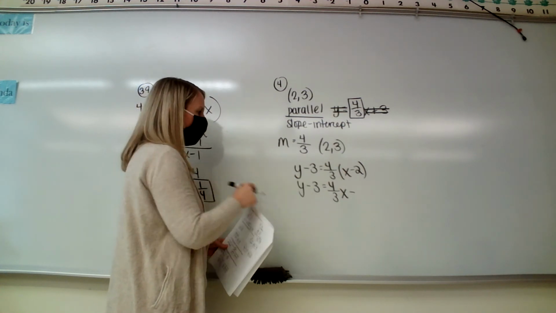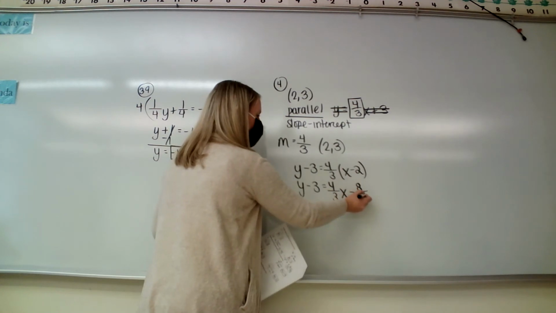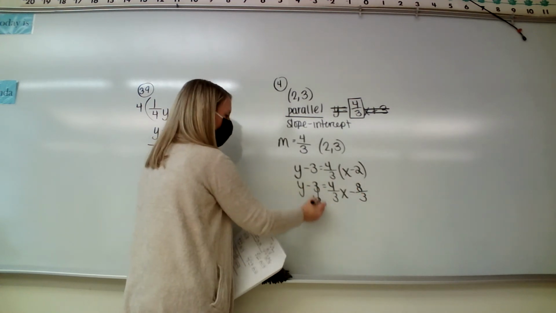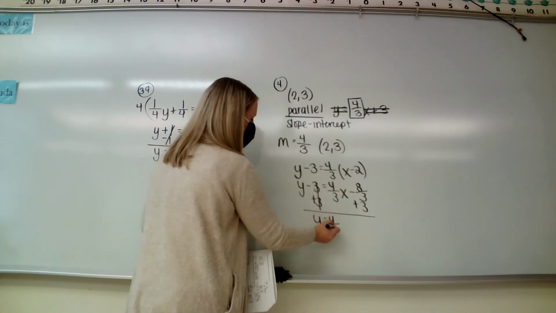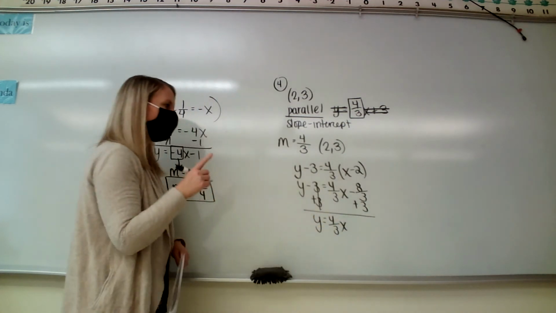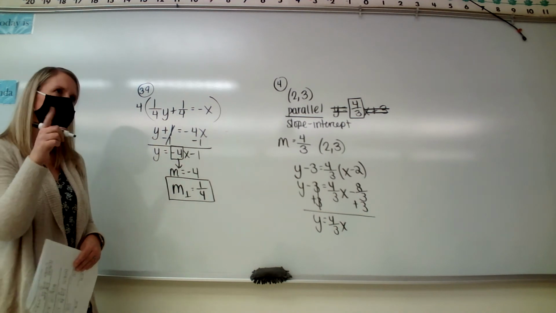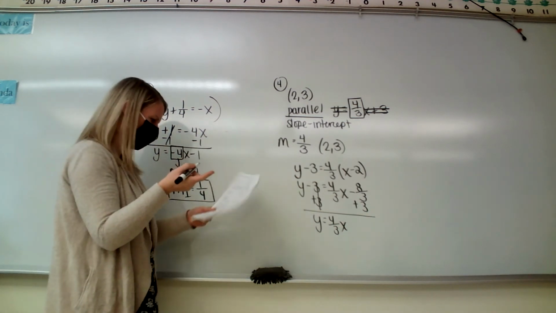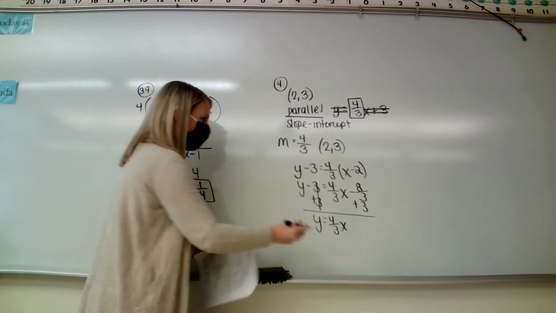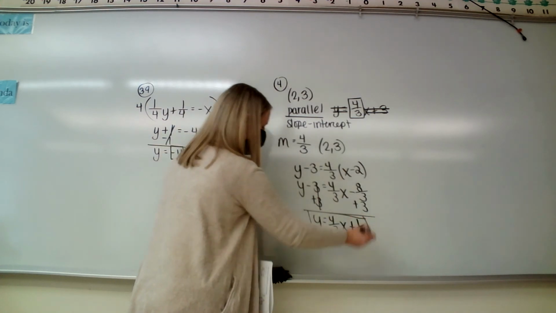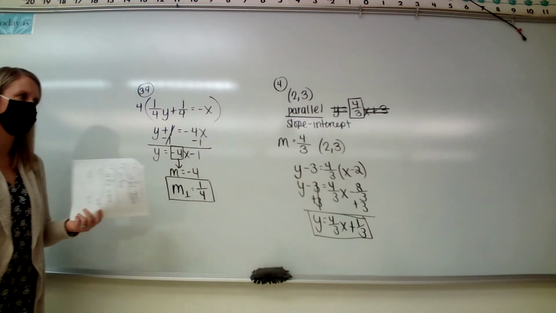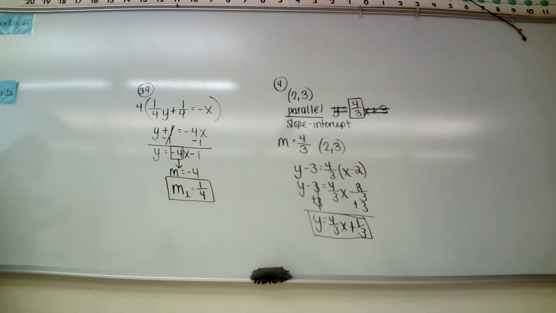That will give me -8/3, and then I'll add 3. Remember, when you're adding fractions, you find a common denominator. So you would do negative 8/3 plus 3/1, find a common denominator. I believe it comes up to 1/3. I'll try not to kill you with fractions, but there might be a little bit on there, just to warn you.